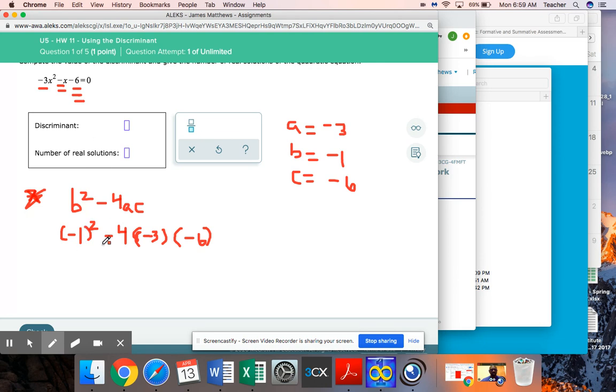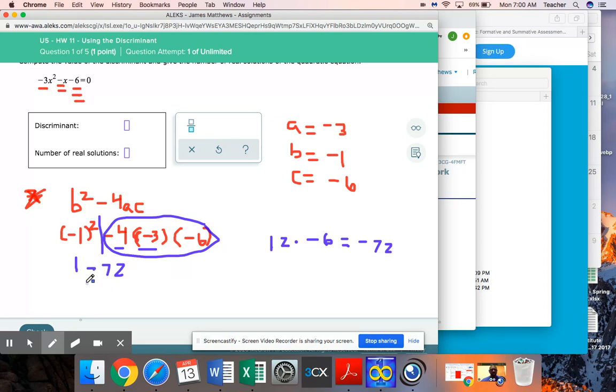Now let's go bit by bit here. Let me look at this and do a different color. -1 squared is just 1. When I'm done with that, I kind of cover it up. That's one thing. Now look at this thing. I have -4 times -3, which is a positive 12. And then a positive 12 times -6 is -72. So from all of this, I get a -72.